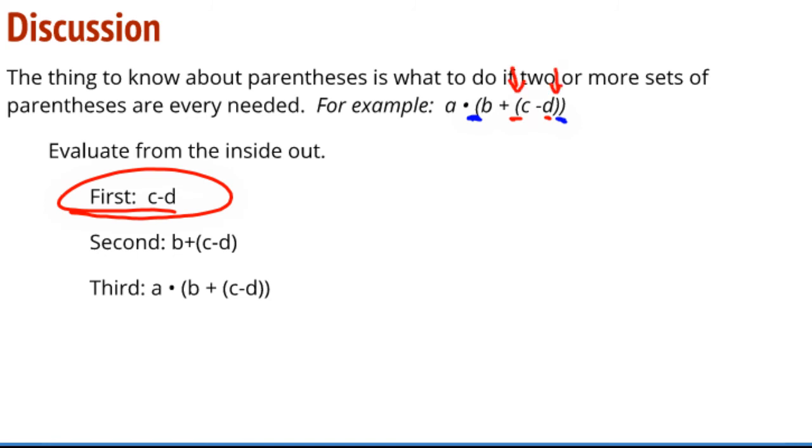And you'll notice that parentheses come in pairs. There's always 2 parentheses in a group. So the first thing we would do is evaluate C minus D. Then we would take care of B plus whatever we got when we did C minus D. And then we would multiply A times whatever we got inside here. So we start on the inside, work our way outward.